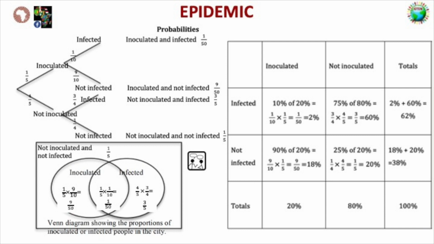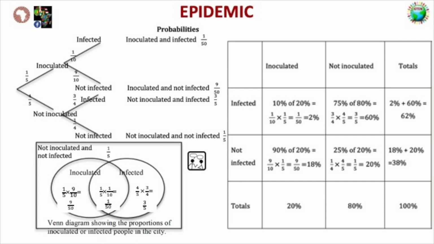Now, we've put these calculations into the two-way table or sample space diagram. But we still covered up some of the answers to leave you something to think about.